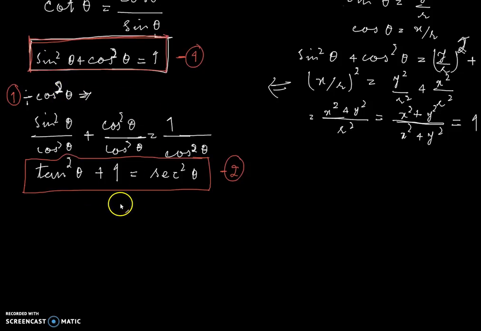And here basically I divide everything by cos squared theta. Now if you take equation number 1, this one, and this time divide everything by sine squared theta, then you'll have something like this.